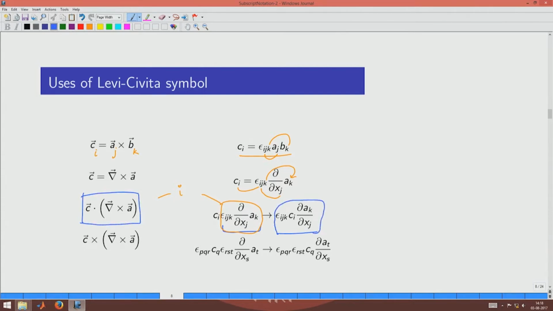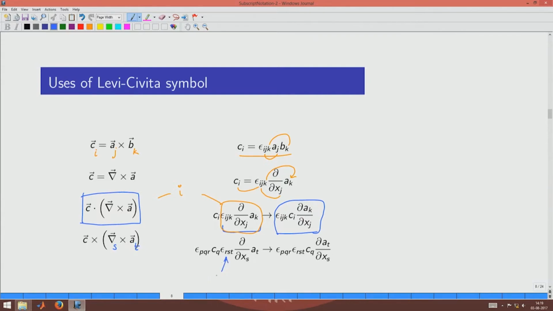Whenever there are multiple operators, like two cross operators, we will require two epsilons, which means two sets of three indices, and we have to judge very carefully whether we pick them in the correct order. So, the very first symbol I am going to write is this one, S and T, and I use epsilon R S T as the first epsilon.